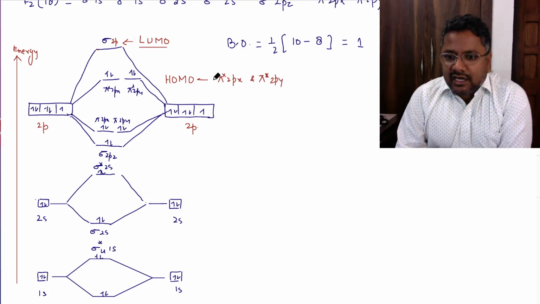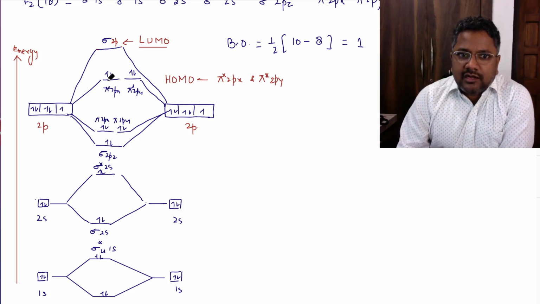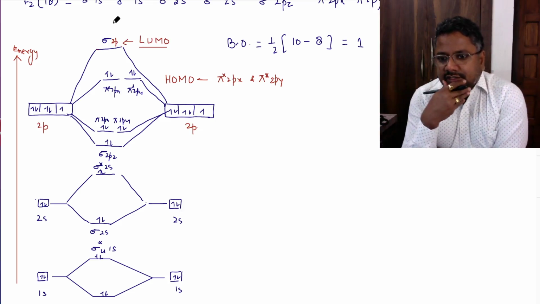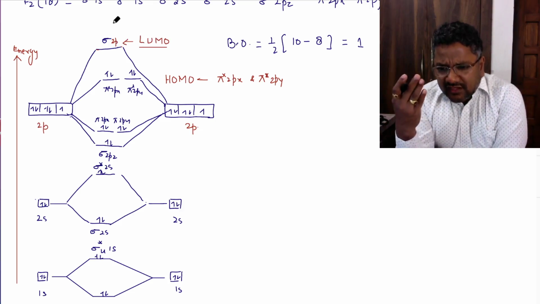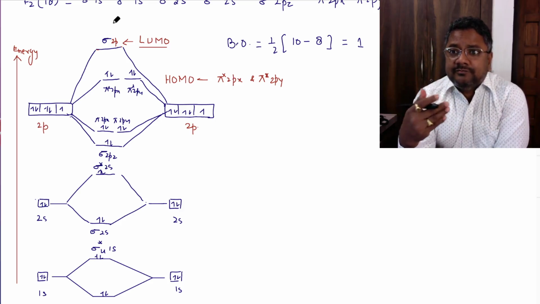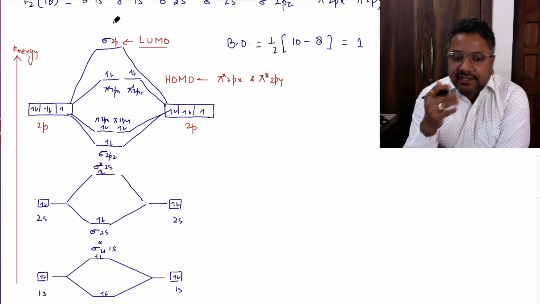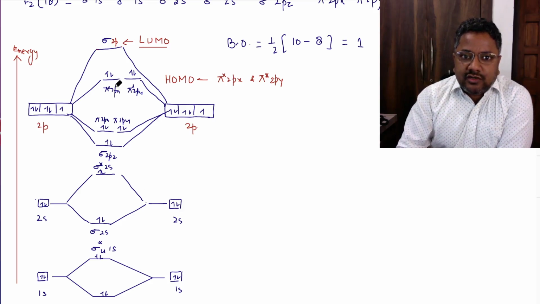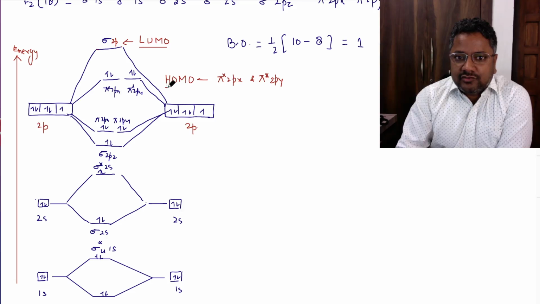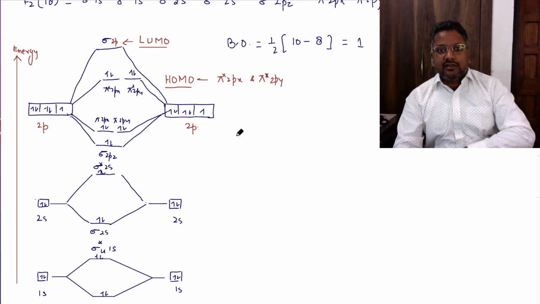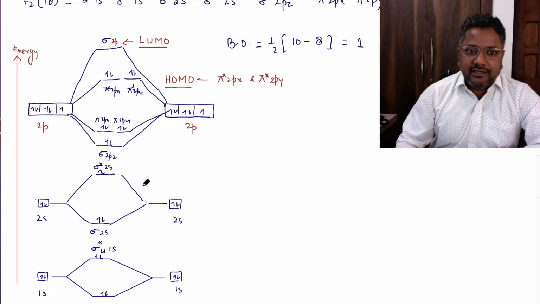So this is the highest occupied molecular orbital, and this is the lowest unoccupied molecular orbital, because there are some energy levels and some orbitals possible which are also unoccupied, right? So these two are named like this also. You may get this word somewhere when you are reading books or any literature.